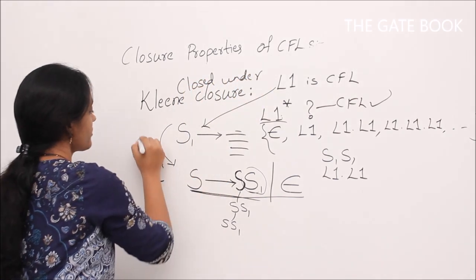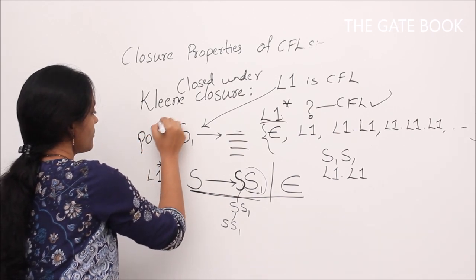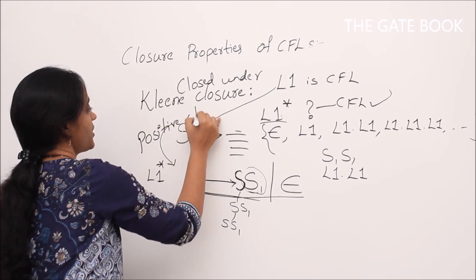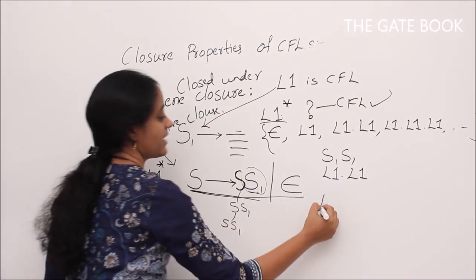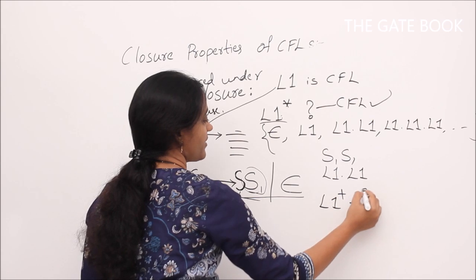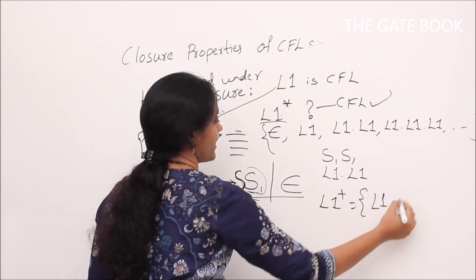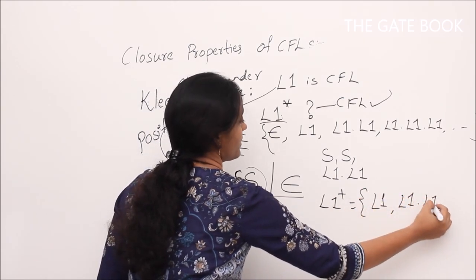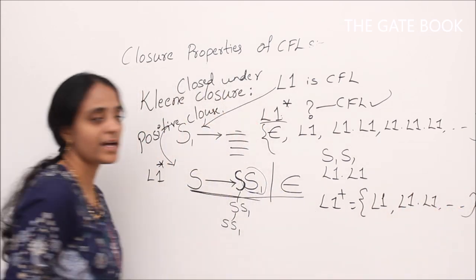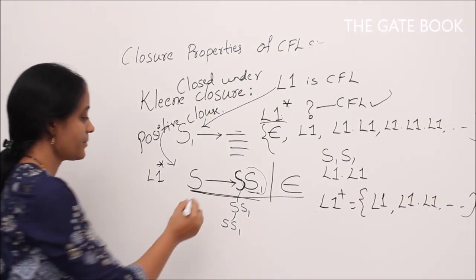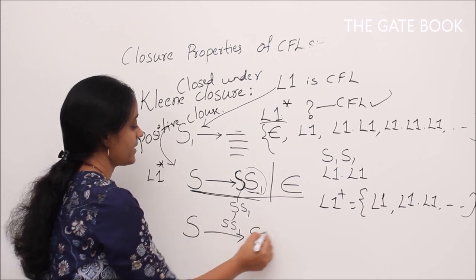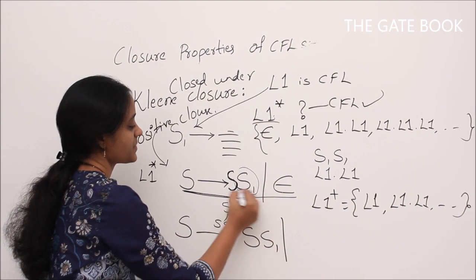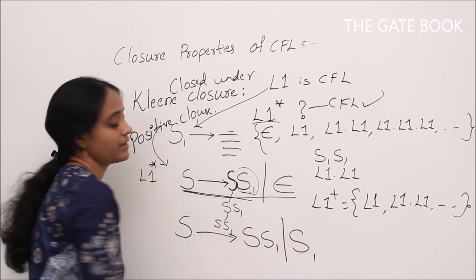What about positive closure? Positive closure means one or more occurrences. That means for L1 plus, I should not have epsilon. Instead, I should have at least one L1, or L1 followed by L1, and so on. How do I generate strings like that? Simple. I should just modify a small rule. Same thing, but instead of epsilon, I should have at least one S1.